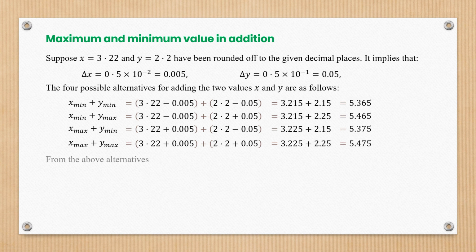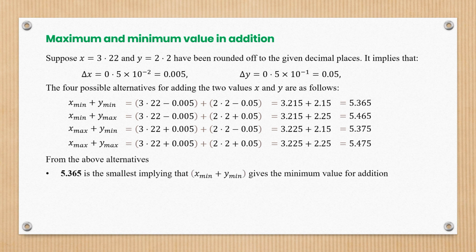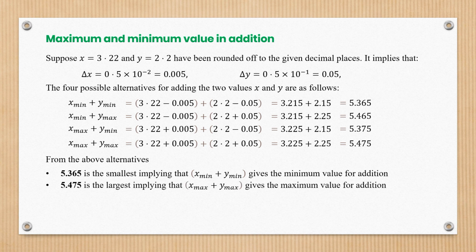Now from our observations from the above alternatives, we can see that 5.365 is the smallest value, which implies that x min plus y min gives the minimum value for addition. So the smallest value possible for addition of x and y comes from x min plus y min. Then we can also see that 5.475 is the largest, and this implies that x max plus y max gives the maximum value for addition.